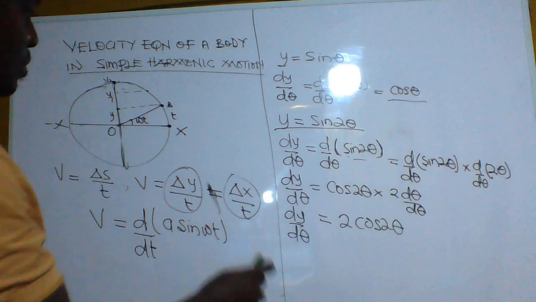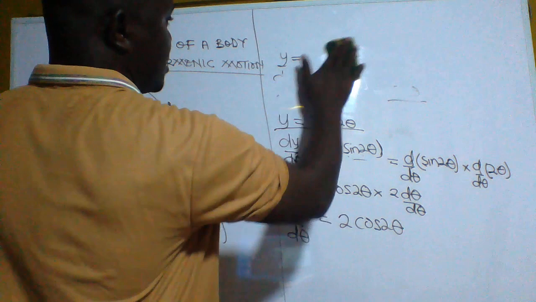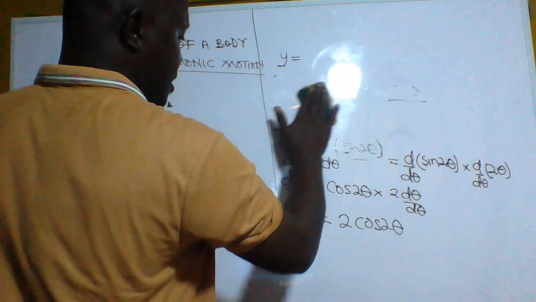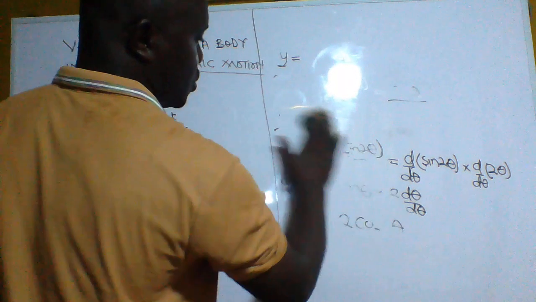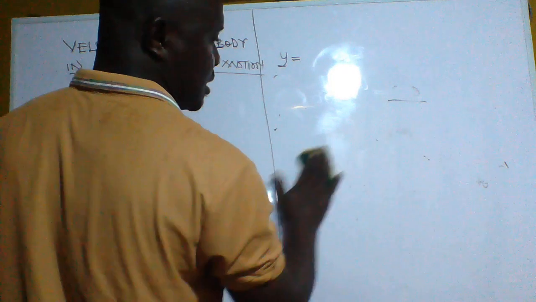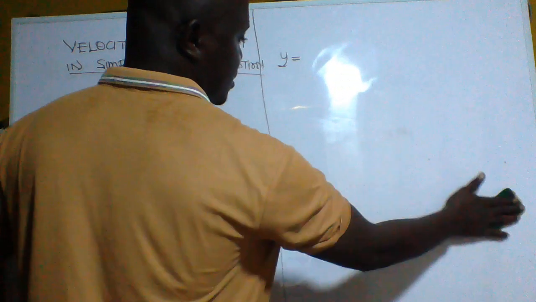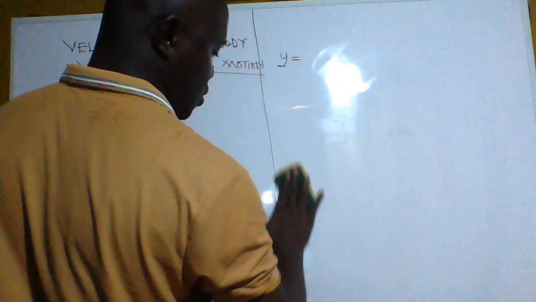That's it, a function of a function. So we will look at a function y equal to cos theta. Then we look at y equal to a function of a function, cos 2 theta.